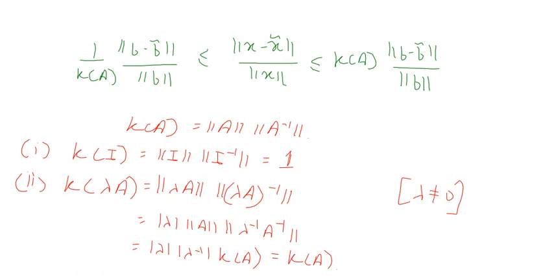Okay. Moreover, what you can also observe is that the condition number for any matrix is always greater than or equal to 1, at least 1. How do you show this? Now 1 is equal to the norm of the identity matrix, right?